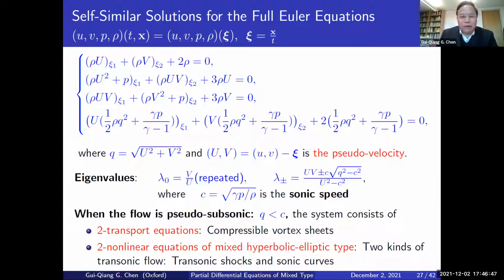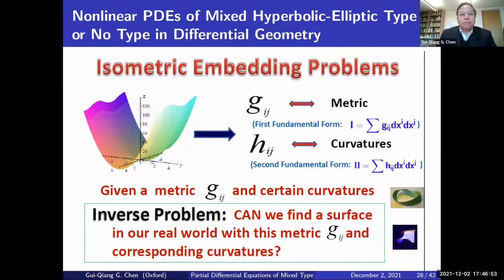Now next, for 10 or 15 minutes, I will show you another example from differential geometry. It is about the isometric embedding problem. Okay. So this problem is set up very simply. We know that you are given a curve, then a surface, then you compute the second fundamental form, and you have the first fundamental form and the second fundamental form. The problem is the opposite now.